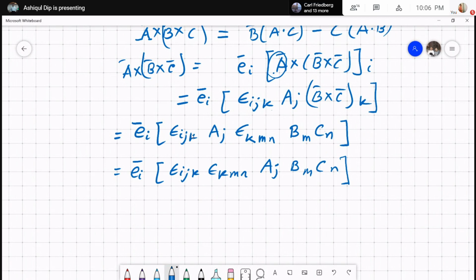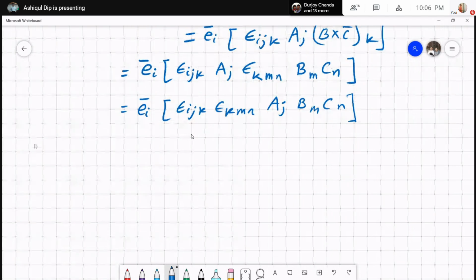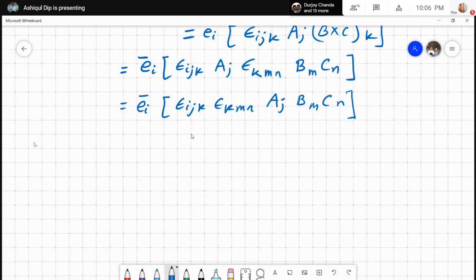Now we can use the Levi-Civita identity. Yes. We want to use the Levi-Civita identity, but there is a problem. We have a sum over k as well, because for the Levi-Civita identity we know epsilon ijk epsilon lmn. What happens? We have a repeated index over here. That means we set l equal to k and then sum over that.